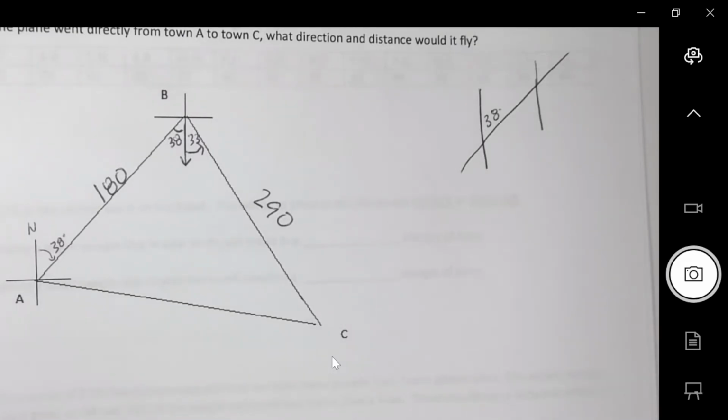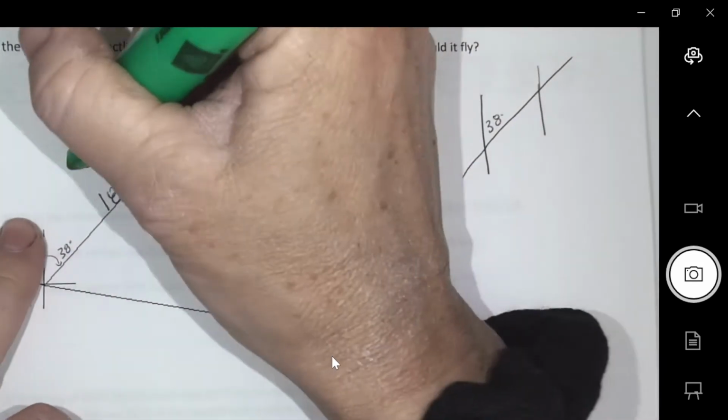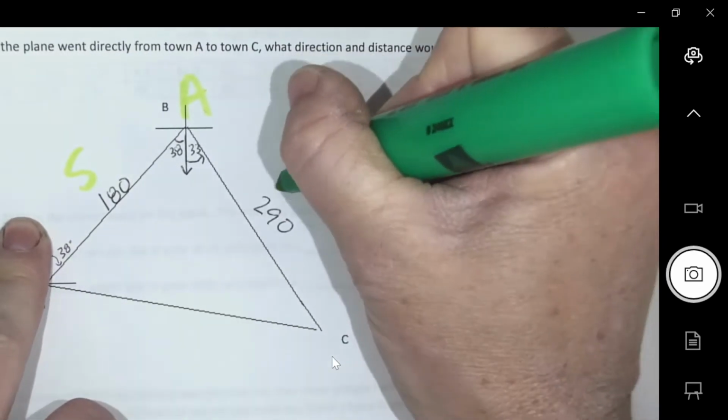Okay, so what do I have? Do I have any pairs, SAS, or triple S? That's the three things I'm looking for. I would say I have SAS.